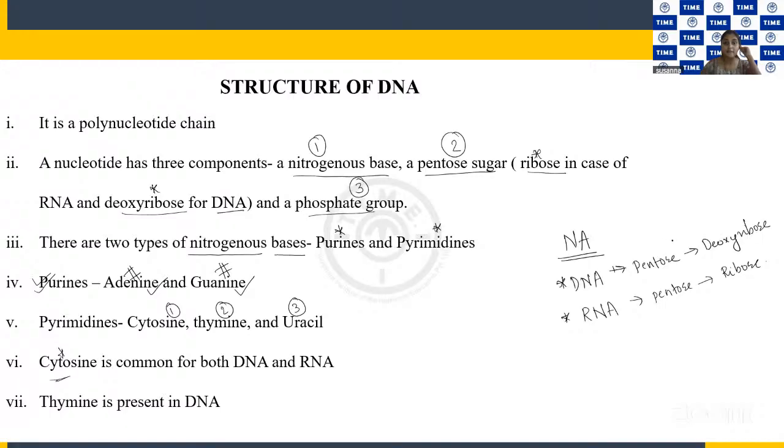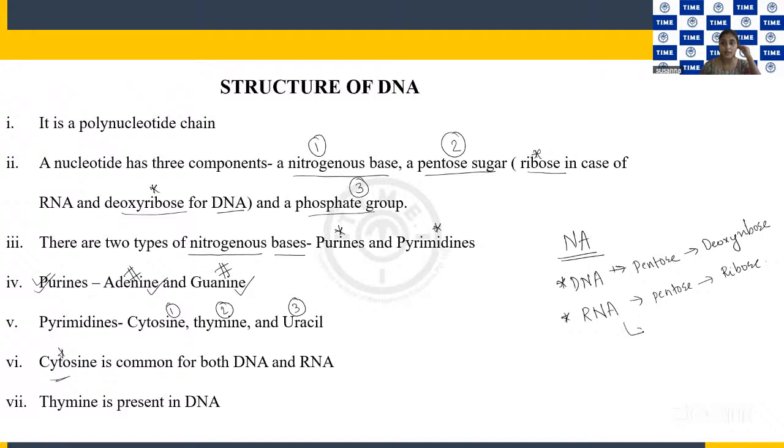In RNA, both adenine and guanine are present, but thymine is absent; instead of thymine, uracil is present.